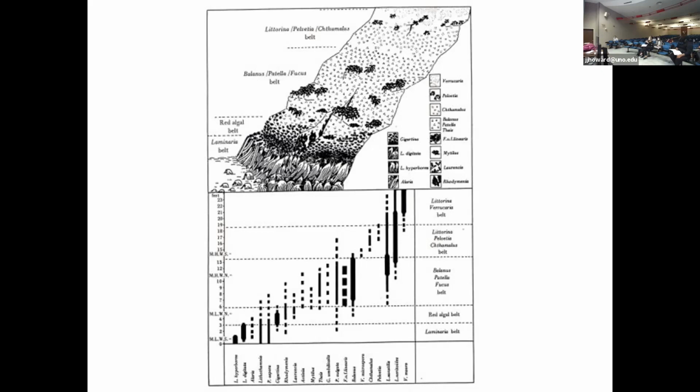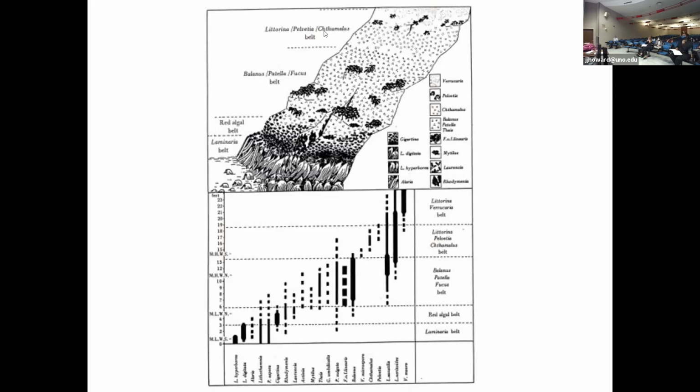So what we want to know then is why Chthamalus is in the upper intertidal and why Balanus is in the lower intertidal. Balanus is in the area where it gets covered by water a lot. Chthamalus is in the upper intertidal where it's covered infrequently. So is Chthamalus just more tolerant of being dry? Is Balanus adapted better to being covered by water and can't exist up here?